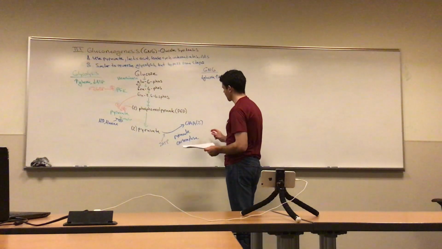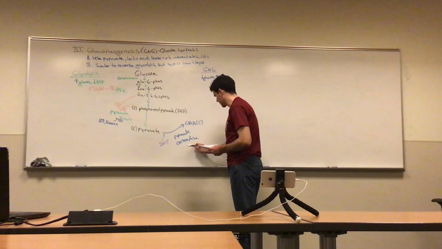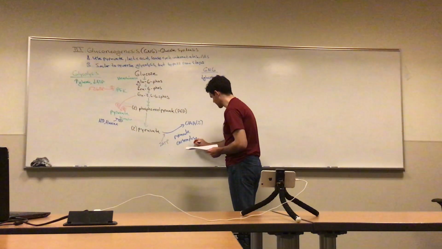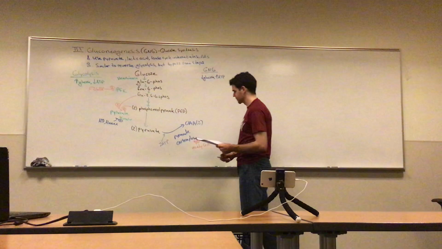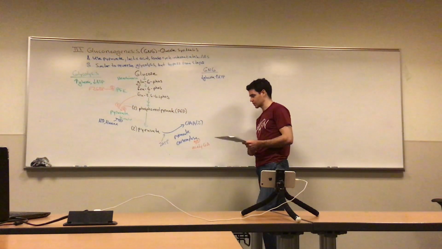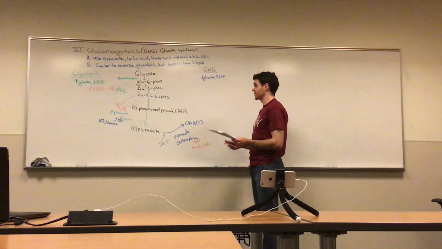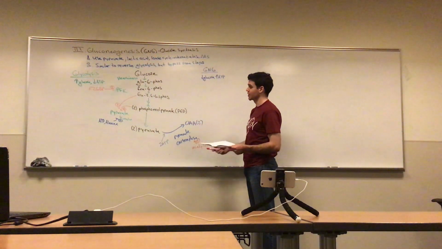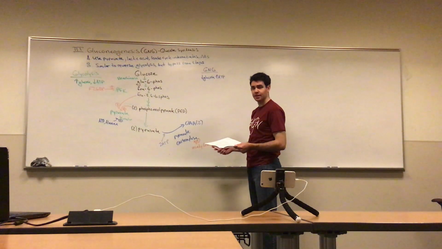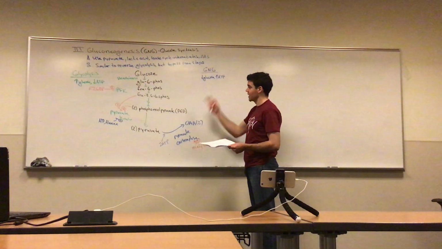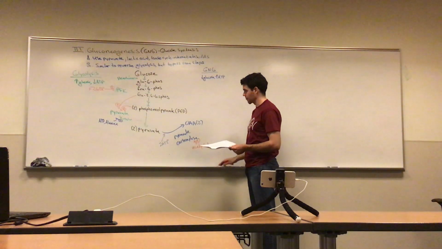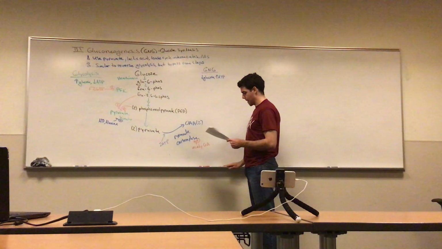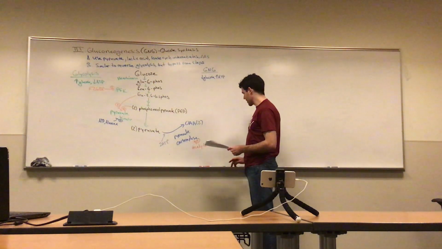And just for completeness, acetyl-CoA is a positive allosteric regulator of this. So if we have a ton of acetyl-CoA around, it means we've done too much glycolysis, right? So we're going to make some glucose with the pyruvate that we have instead of metabolize it. And then there's this weird thing.